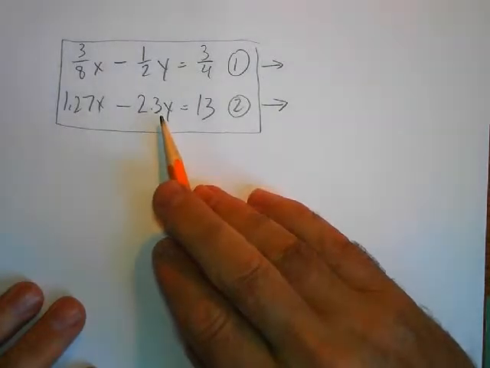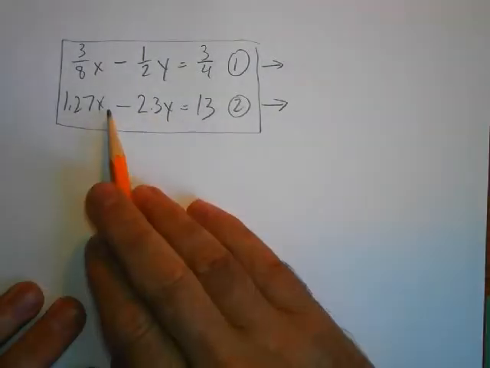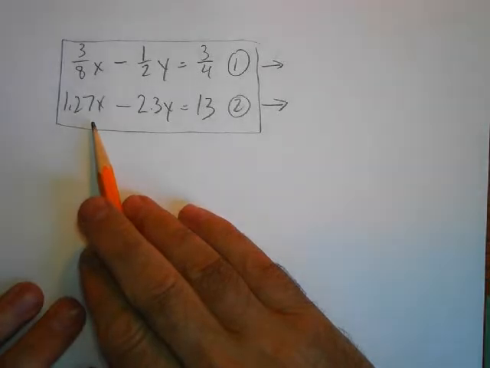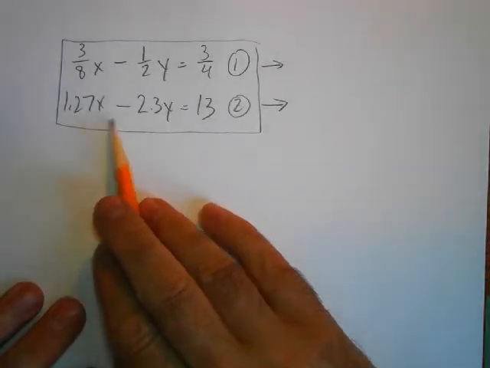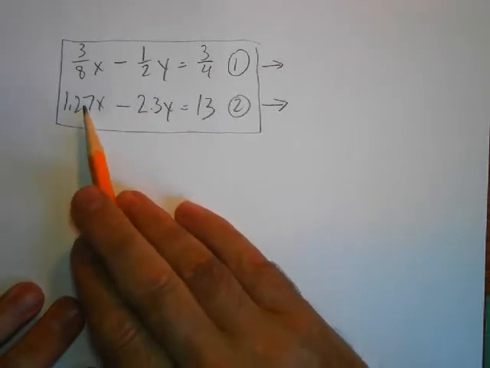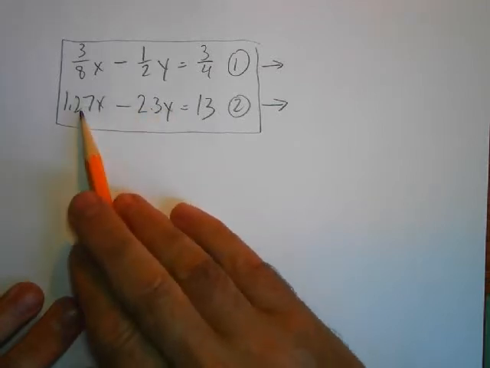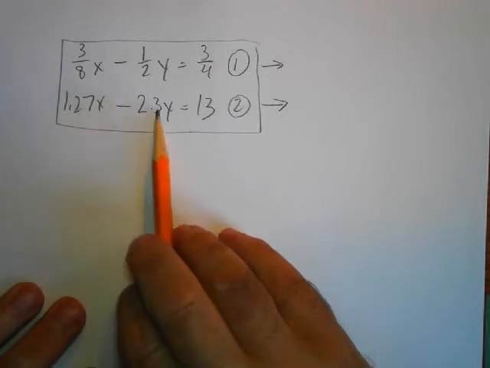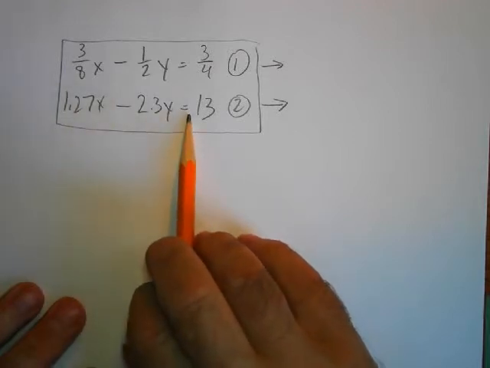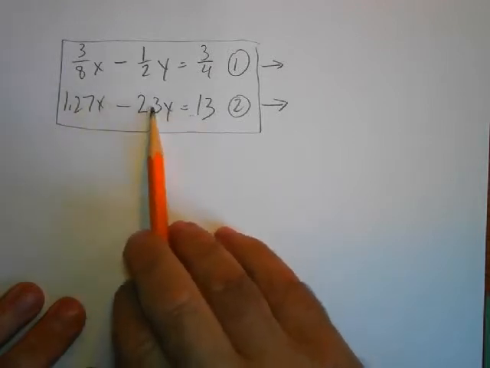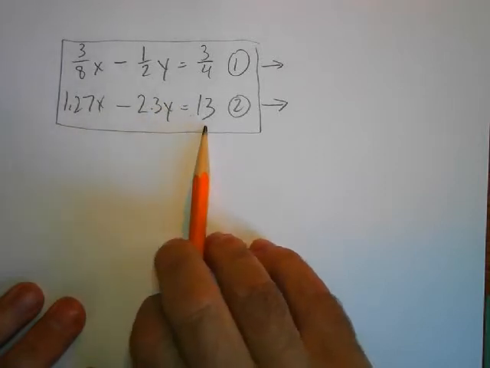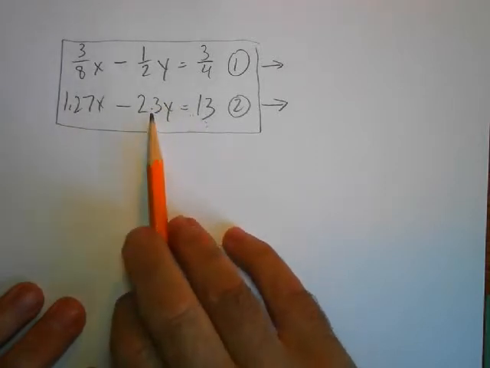So for example, let's start with the second one, the decimals. Decimals are always easier because maybe I want to say I don't like working with decimals. I want everything to be nice integers. So what would I have to multiply all three of these by to get all three of the number parts to be integers? Well, that 13 is already okay.